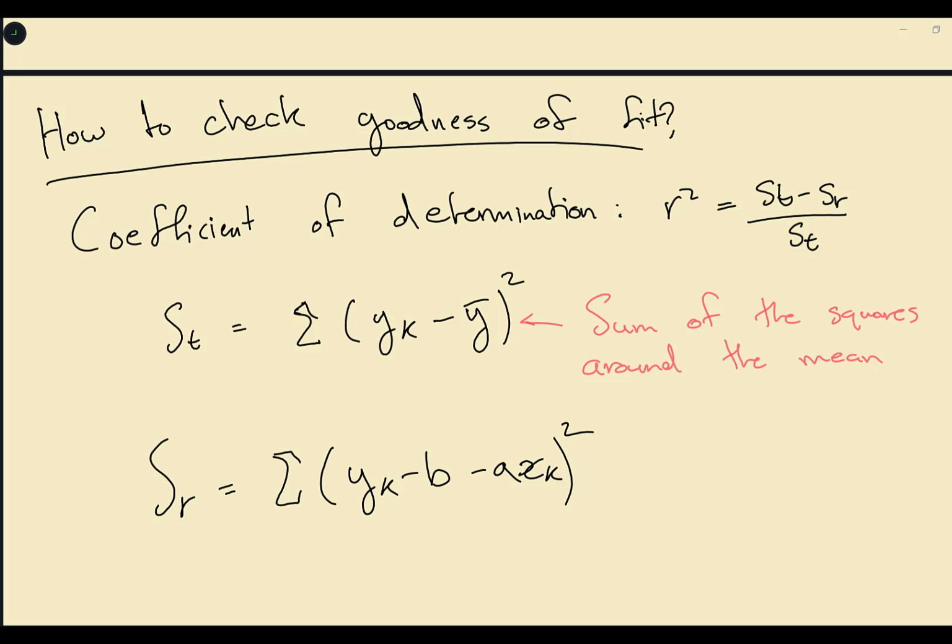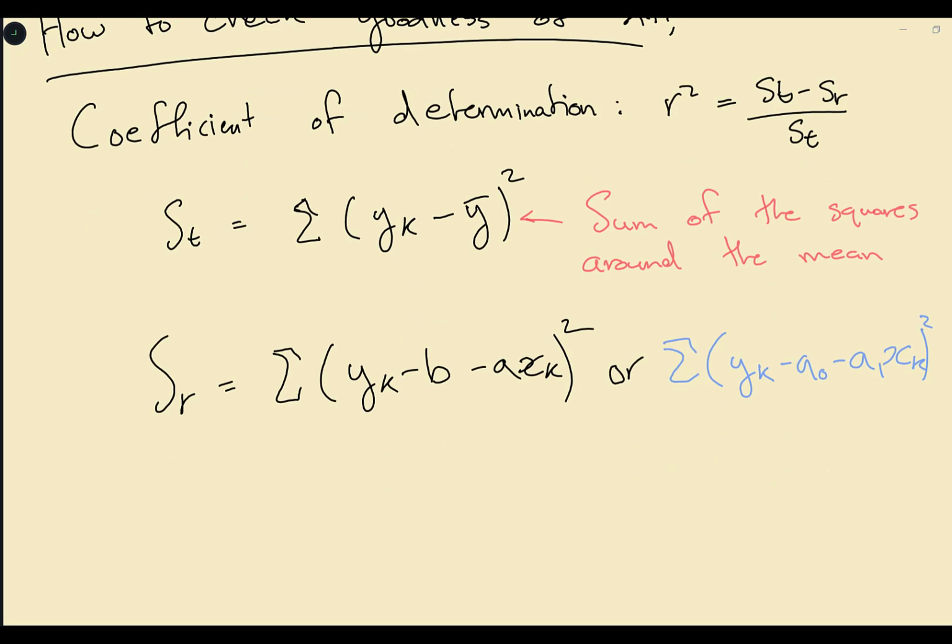The line of best fit is also called the regression line. Another way of writing this is in terms of the coefficients a0 and a1 instead of b and a. So we can write the sum as follows. Again, this is called the sum of the squares of the residuals around the regression line.